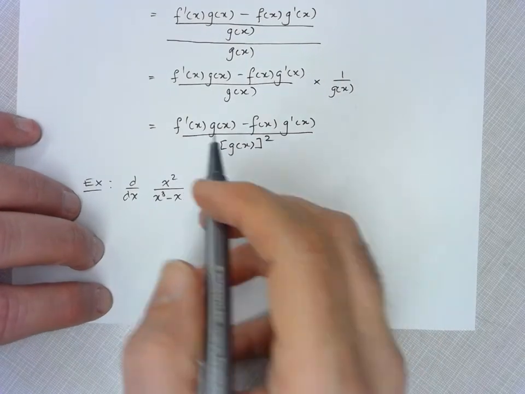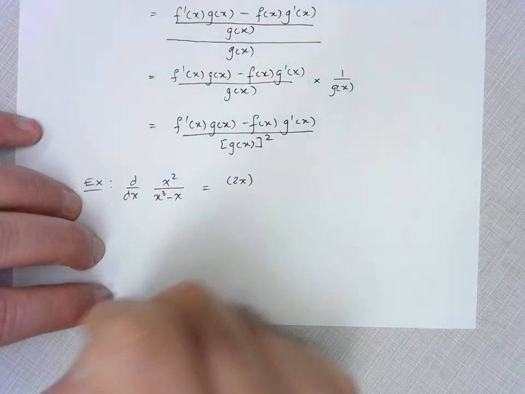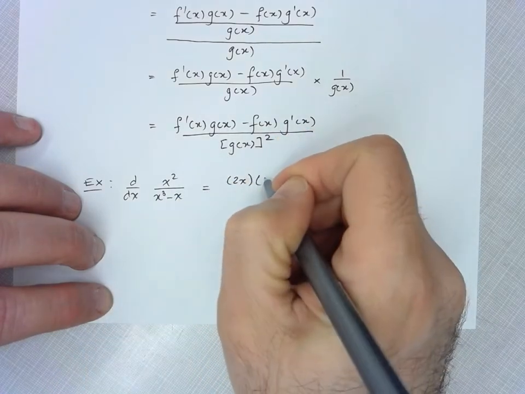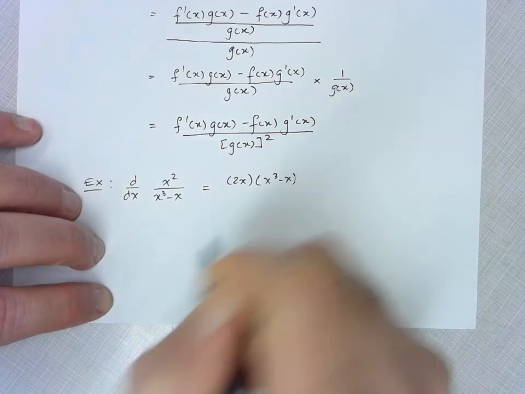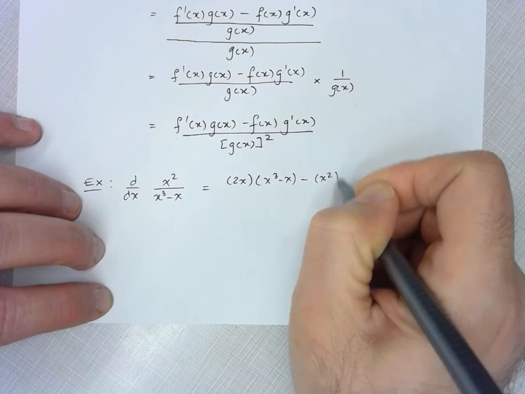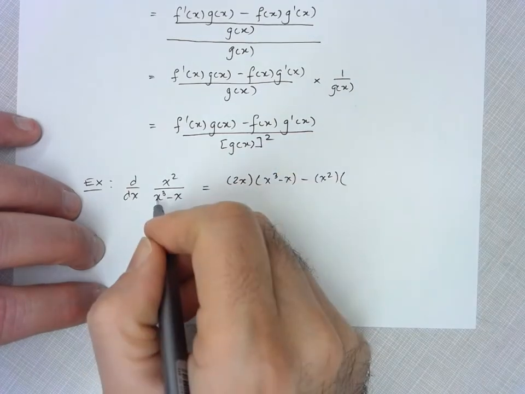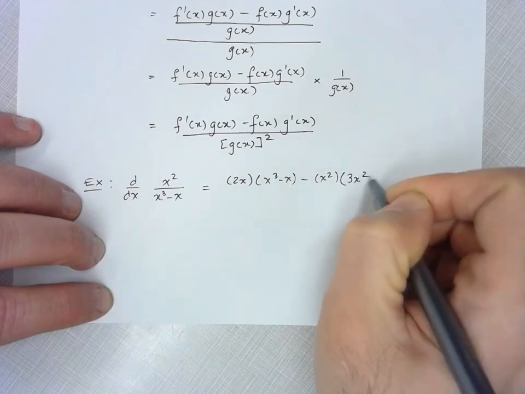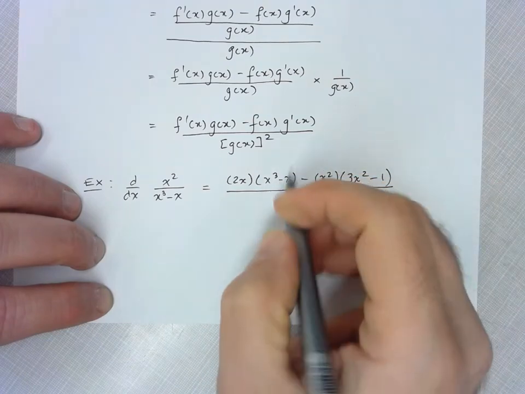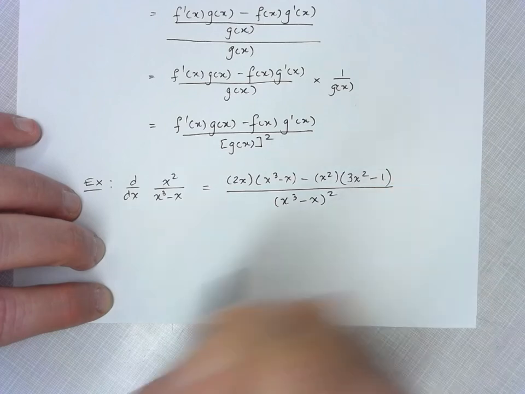So I'm taking the derivative of the numerator, which is 2x, and I'm multiplying it by the denominator function, so x cubed minus x, minus the numerator function, which is just x squared, times the derivative of the denominator function, which is 3x squared minus 1, the derivative of x being 1, and all of this over the denominator squared, so x cubed minus x all squared.